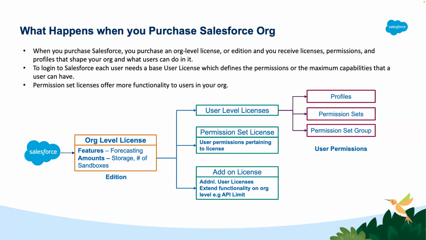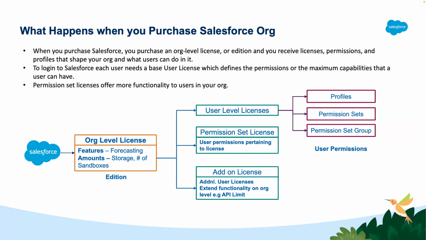On top of that, your org can also have add-on licenses. For example, whenever you purchase an org, it's mostly Sales Cloud. When I'm saying Sales Cloud, I now also want to enable Service Cloud into it. Service Cloud helps me establish customer service representation, so basically your contact centers and customer support.